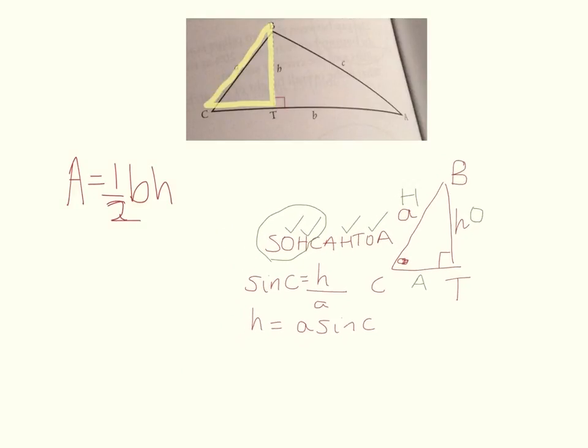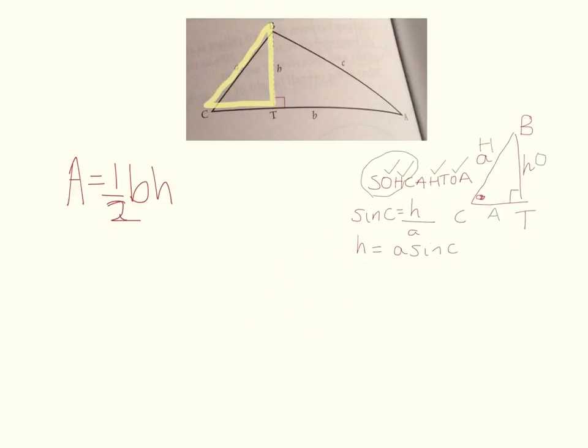And if I can just shrink this down a little bit and move it over, what I'm going to do now is substitute h equals A sine C in place of h here. So instead of having a half BH, I'm going to have a half B, and this expression. So let's see how this looks.